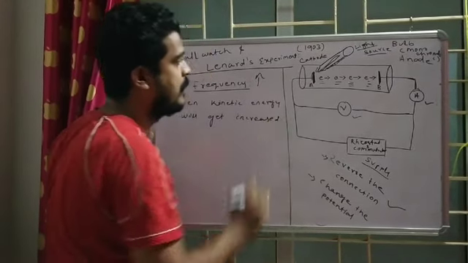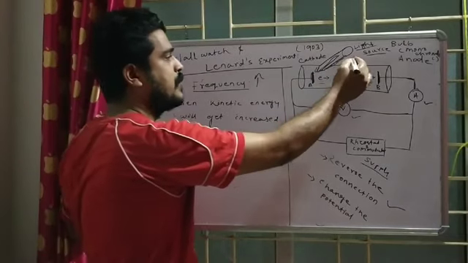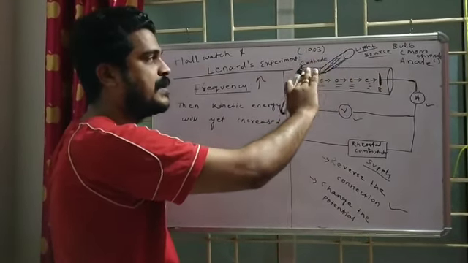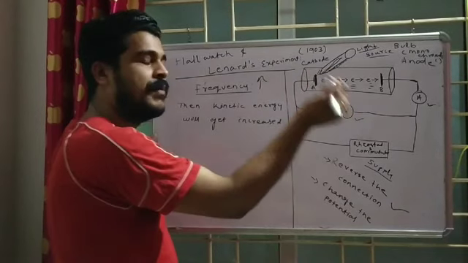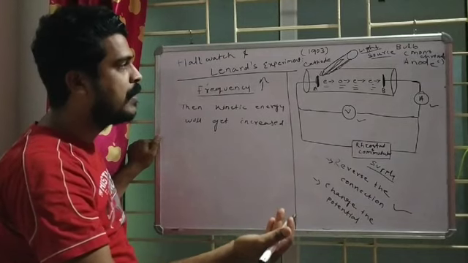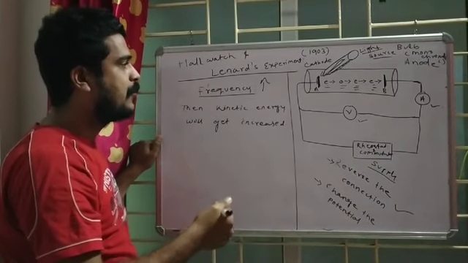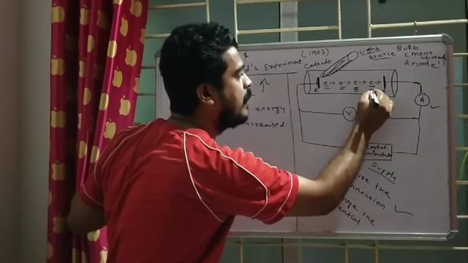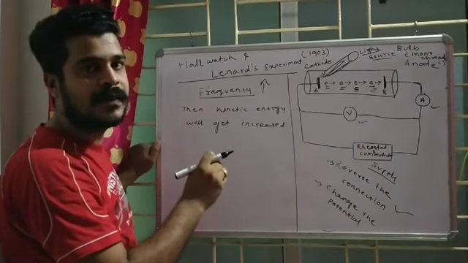That means if I have changed my frequency by changing the color, and in the previous case the frequency was lower, now I have taken a higher frequency color. So in this case what will happen? The electron will have a higher velocity. They experimented this, they observed this, okay?